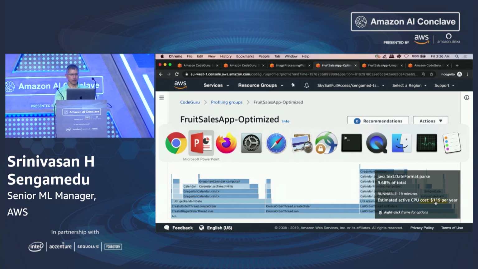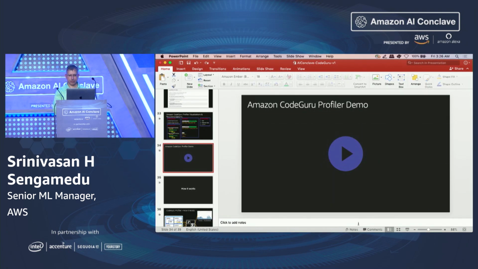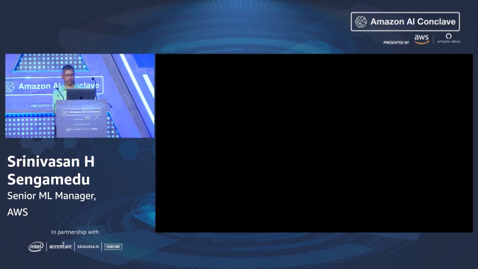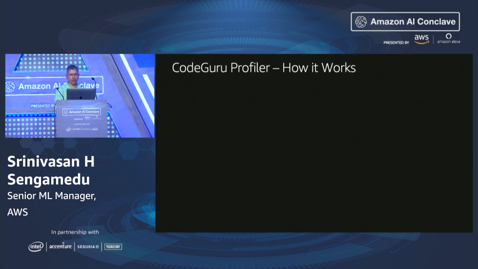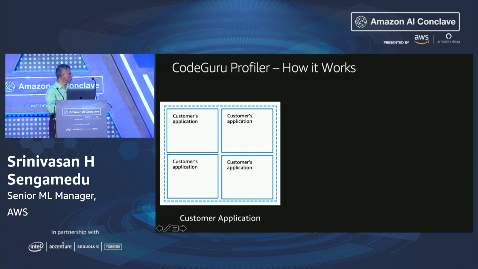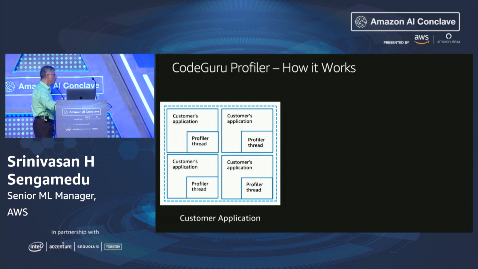So let me go back to this because we are running out of time. So how does this work? With the CodeGuru profiler, this is your running application, and it is running on multiple hosts. As you saw in the onboarding steps, you deploy an agent in each of these instances, and that creates a profiler thread that collects the stack traces.